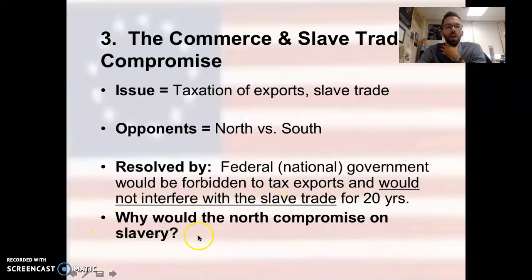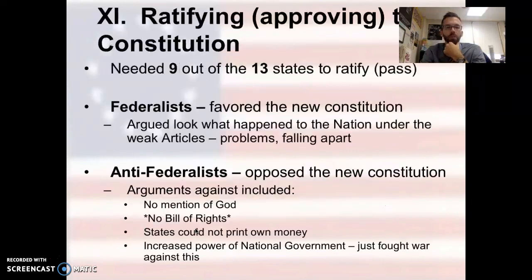So the big thing, why would they compromise? Because they need to get this thing done. Now, obviously, long term, it's not going to work out well for the hundreds of thousands of people that are going to be killed in the Civil War and the 4 million slaves on the eve of the Civil War. But at this time period, they're doing what they felt was right to get this Constitution hammered out.